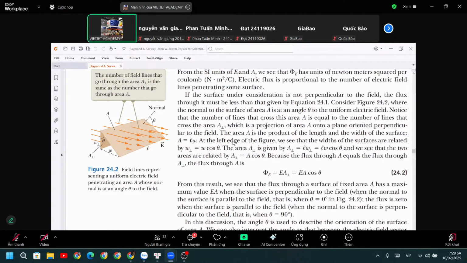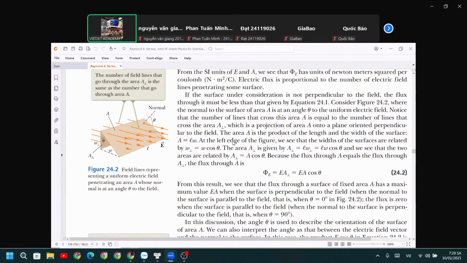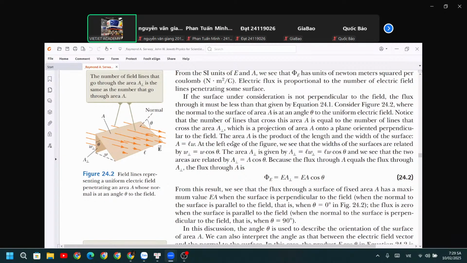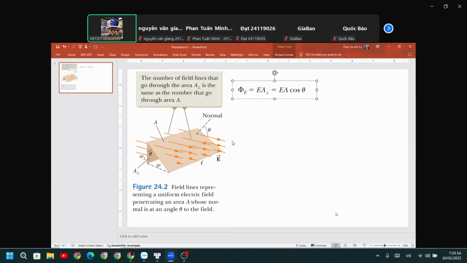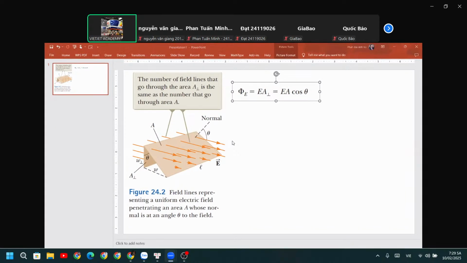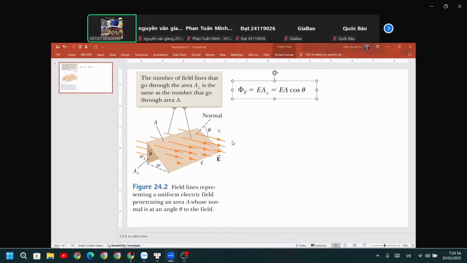You can draw the picture in your notebook and then write down the equation. This is the case in which we have a uniform field.